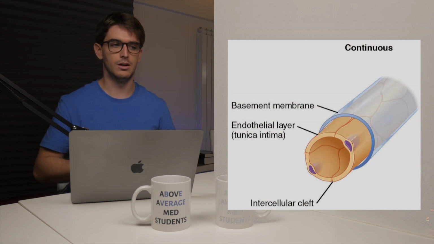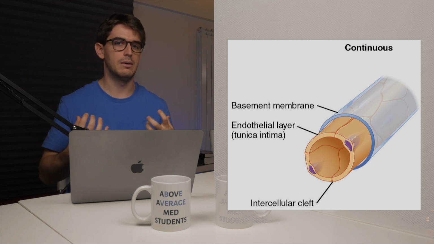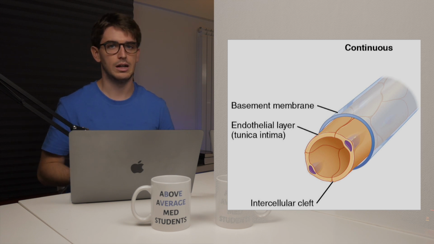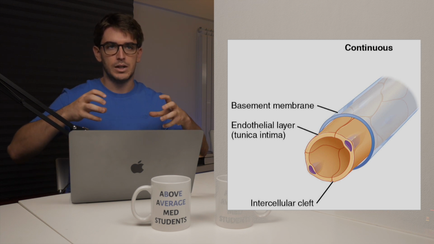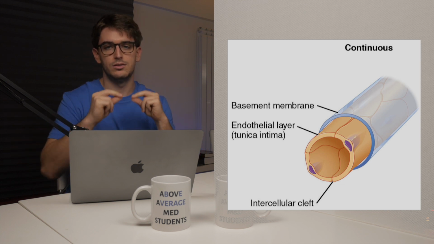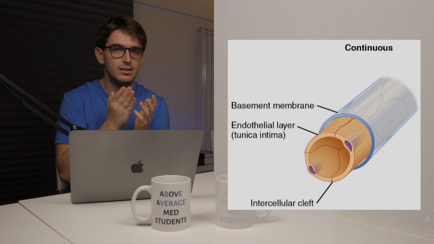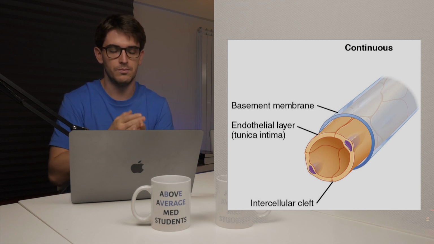Now, we said capillaries are specialized for diffusion and exchange of substances, but you should know that there are different types of capillaries according to the different types of substances that need to be exchanged in different parts of the body. For example, the most common type of capillary is the continuous capillary. Continuous capillaries are characterized by the fact that the endothelial cells that form their walls are tightly attached to one another.